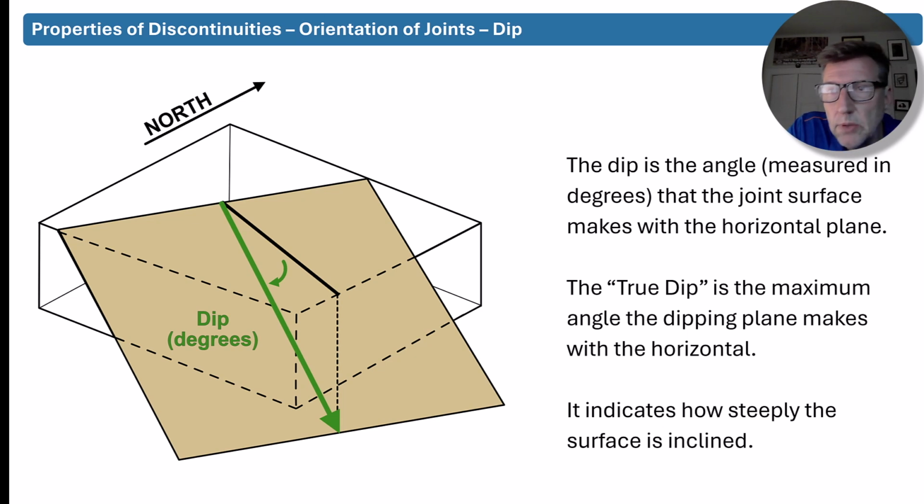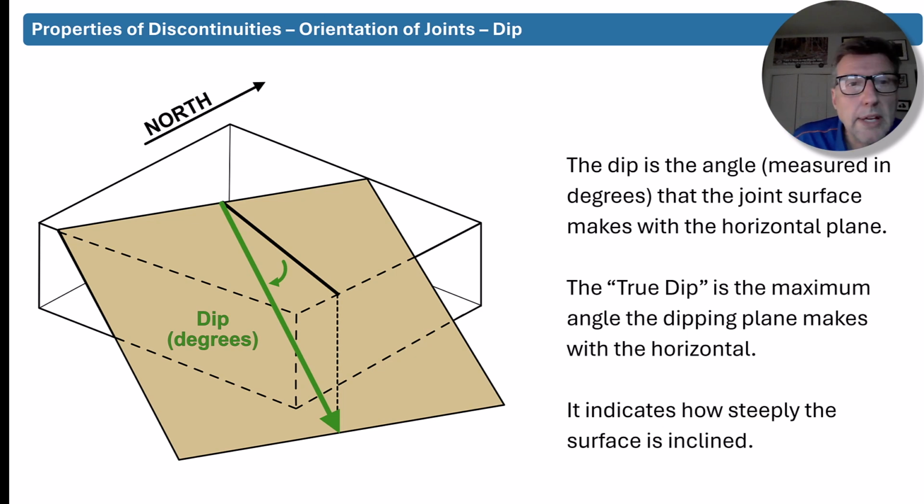The dip value ranges between 0 degrees, the plane is horizontal, and 90 degrees, the plane is vertical. The true dip is the maximum angle the dipping plane makes with the horizontal. Other dip measurements are referred to as apparent dips, which are always less than the true dip.